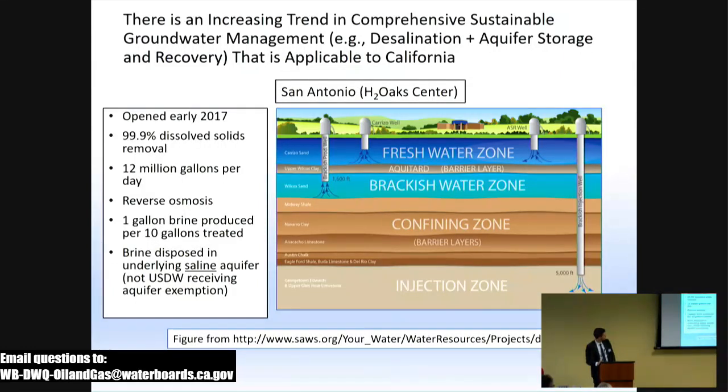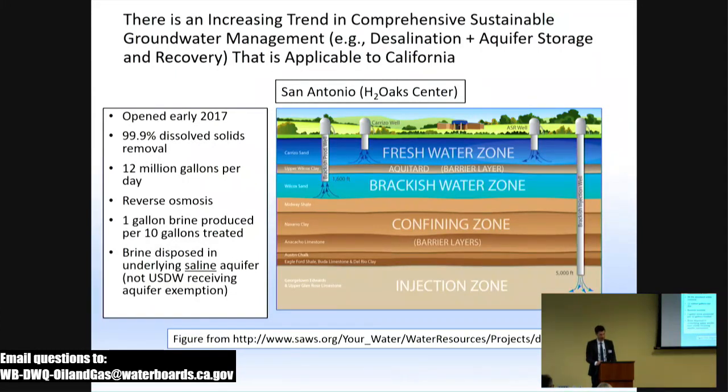So this is a fairly new desal plant in San Antonio, Texas. This opened in early 2017. It removes about 99.9% of the dissolved solids. They process about 12 million gallons per day, and it uses reverse osmosis.